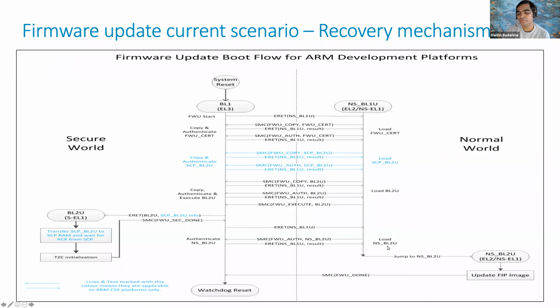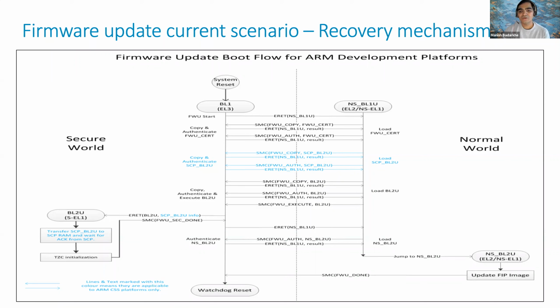BL2U's main job is to get the backup image, which is present in the flash at a particular location, stage it into the DRAM, and then flash that staged image into the corrupted partition present in the flash, and that's how the recovery gets done.